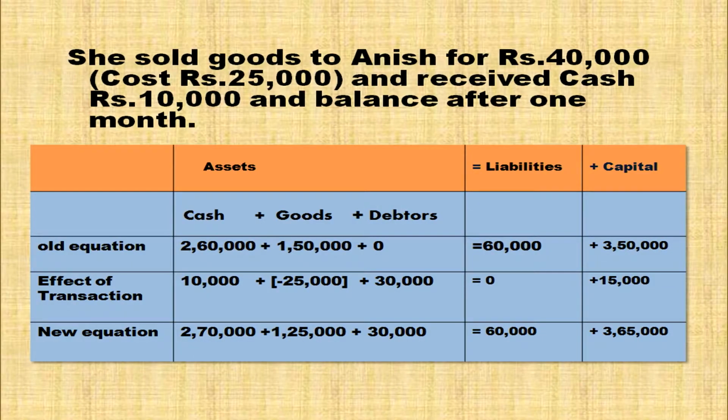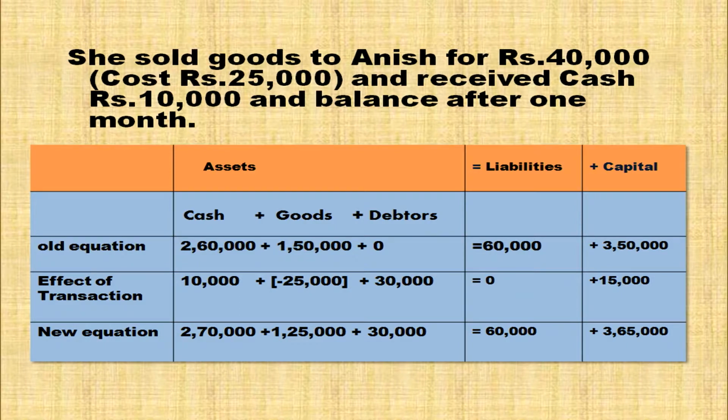The accounting equation is satisfied. Sold goods to Ashish for rupees 40,000. The cost price of that goods is rupees 25,000, and received cash worth rupees 10,000 and the balance is received after 1 month. Earlier accounting equation is given and the effect of this transaction is in this way. In the goods column, deduct the cost price of rupees 25,000 because goods are going when goods are sold, and cash is coming inside the business for rupees 10,000.